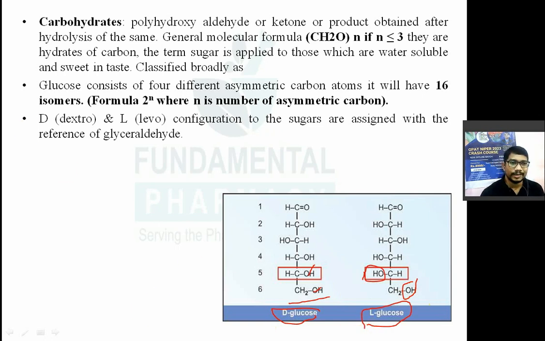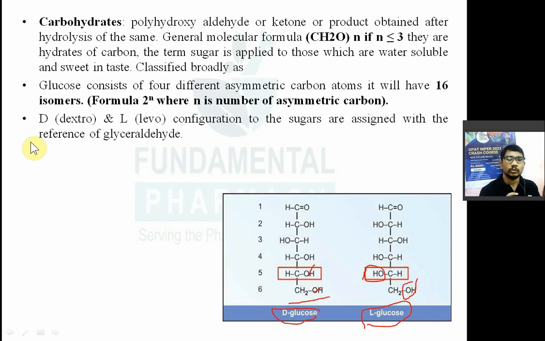D and L, because these sugars have asymmetric carbon atoms, they can rotate the plane polarized light in an optical path. अगर आपने ग्लूकोज का सॉल्यूशन बनाया और आपने उसका polarimeter नाम का एक डिवाइस रहता है, polarimeter. You might have it in your college. Polarimeter is used to determine whether dextro or levo, to know the configuration.